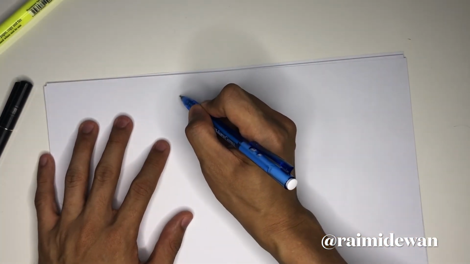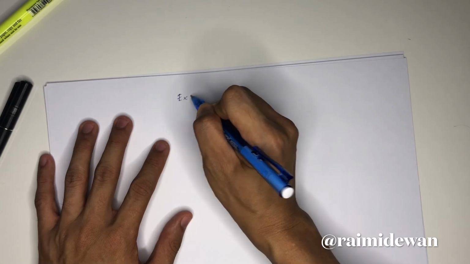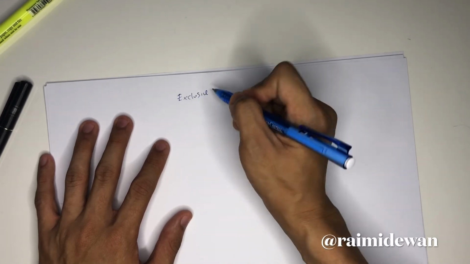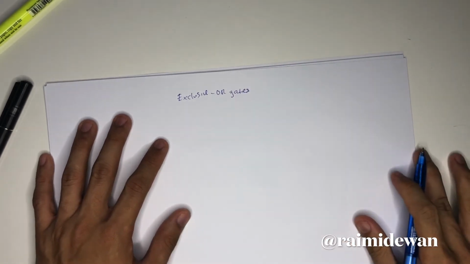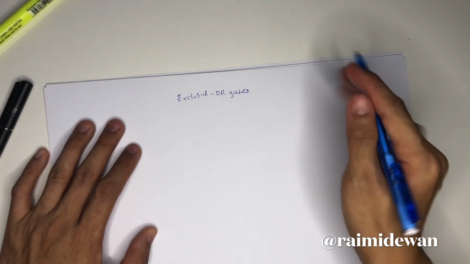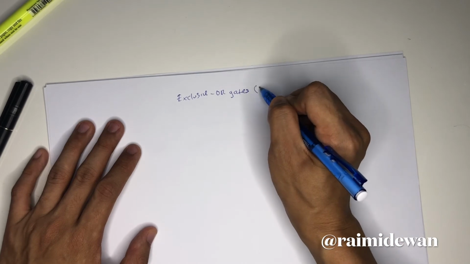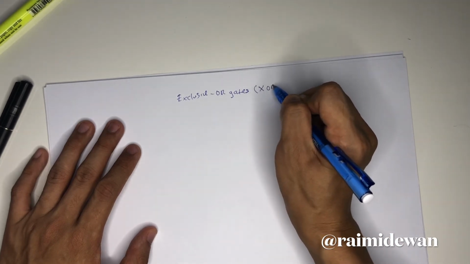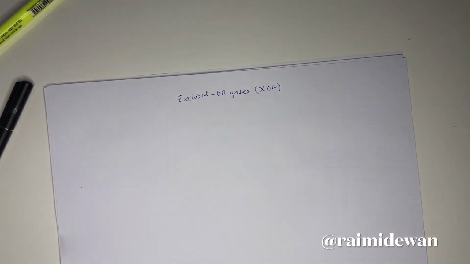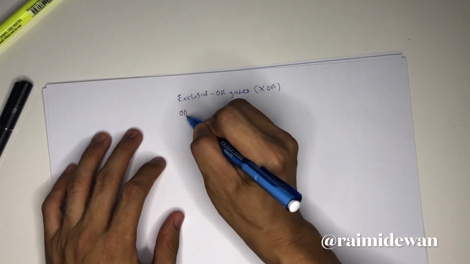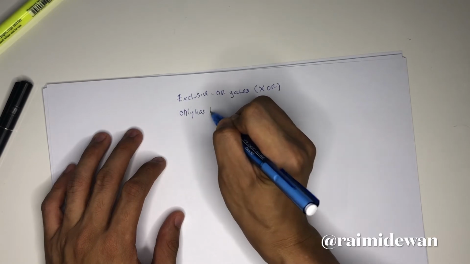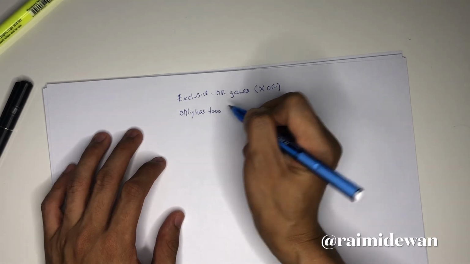So next we have what we call the exclusive OR gate, or in short form, XOR. XOR only has two inputs.